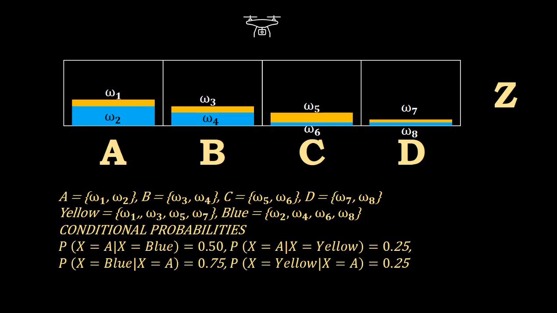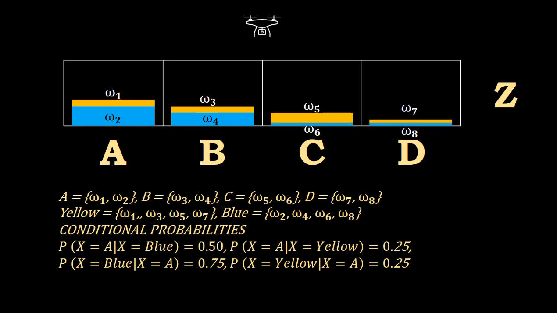Okay, so do you know if it landed in A, B, C, or D? No, I don't know. Okay, so basically we have this information. It landed in a blue region. That means it landed either in omega 2, omega 4, omega 6, or omega 8.